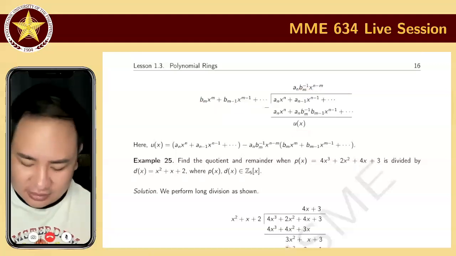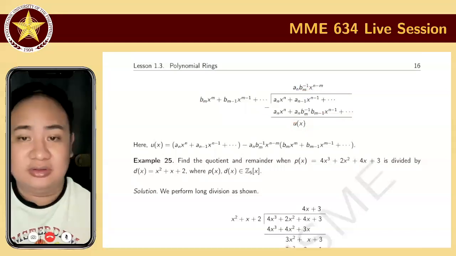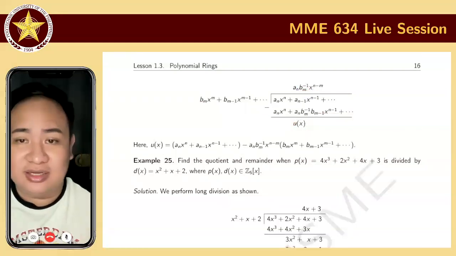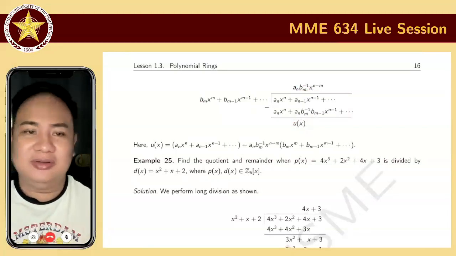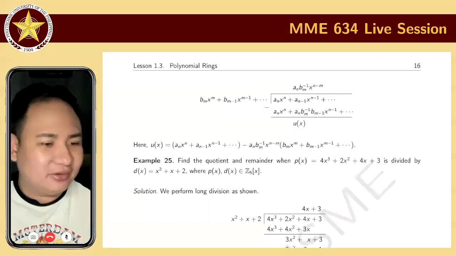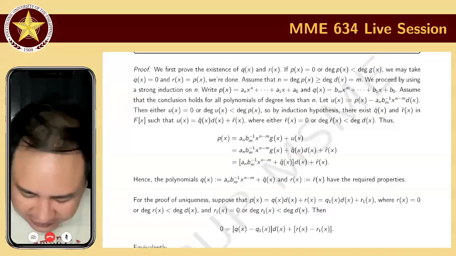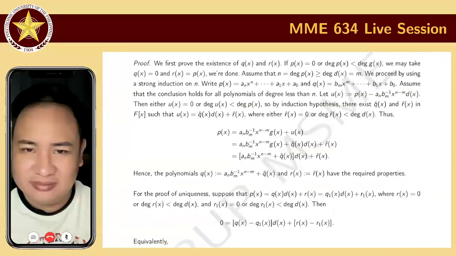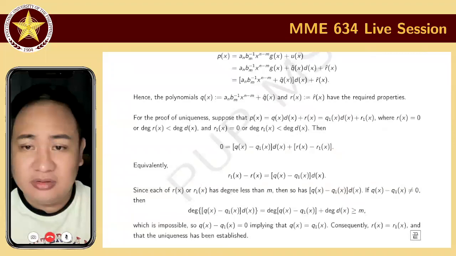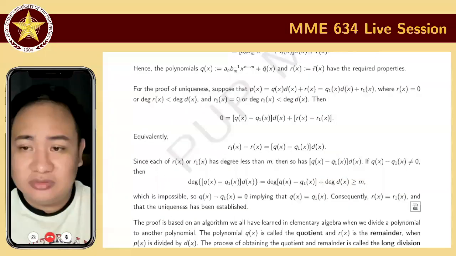Ay, sinubtract, ito pala yun. Tapos, sinubtract mo, yun yung u of x. Nakuha niya? Yung long division. Kung uungkatin mo yung proof nito, very intricate. So, I would rather ask you to just read it kaysa maubos yung time natin ngayon.